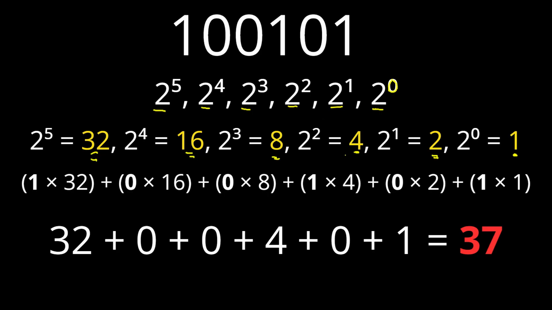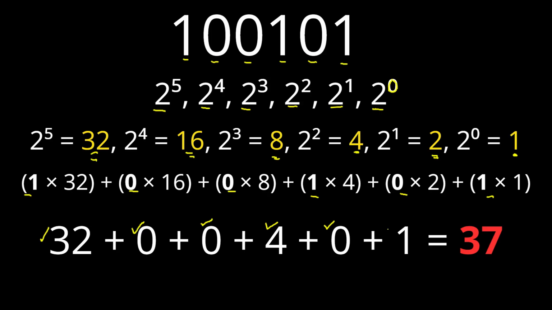Now we know our values of the powers of 2. Now we need to take the binary number 100101, and we need to multiply it with the values of the powers of 2. 1 times 32 is 32. 0 times 16 is 0. 0 times 8 is 0. 1 times 4 is 4. 0 times 2 is 0.